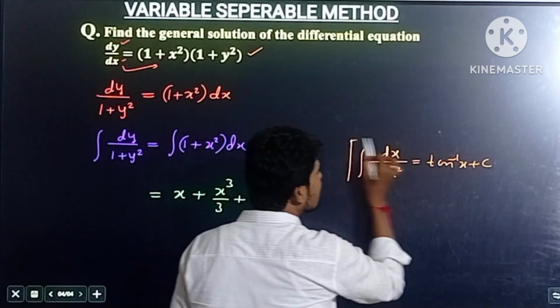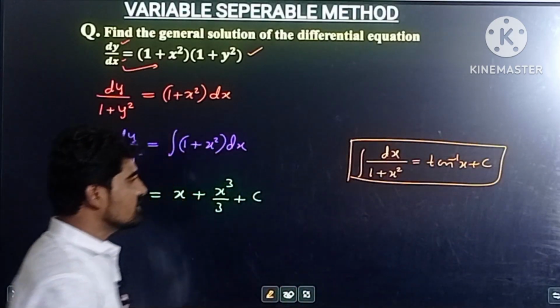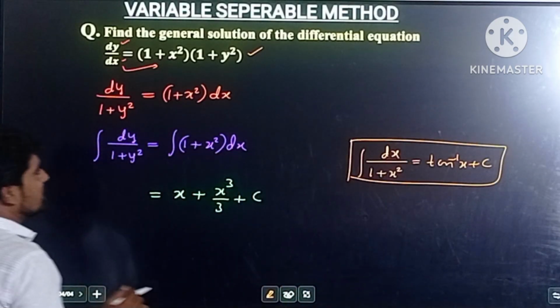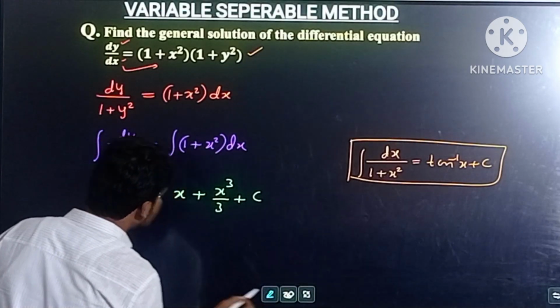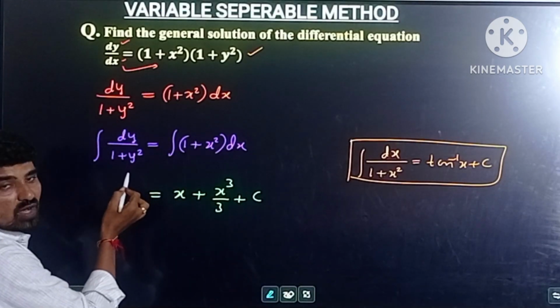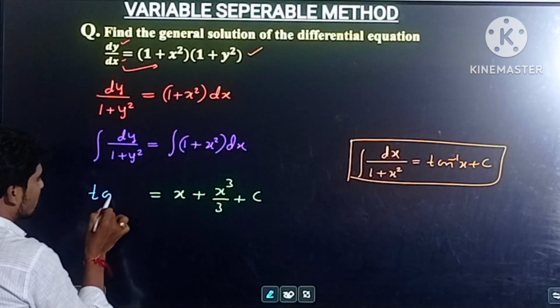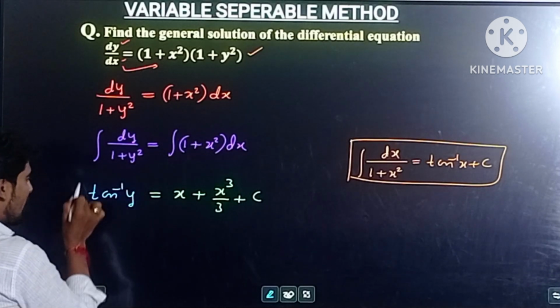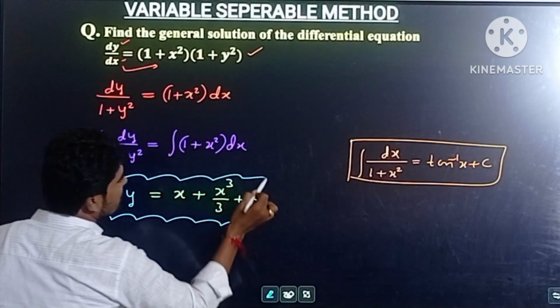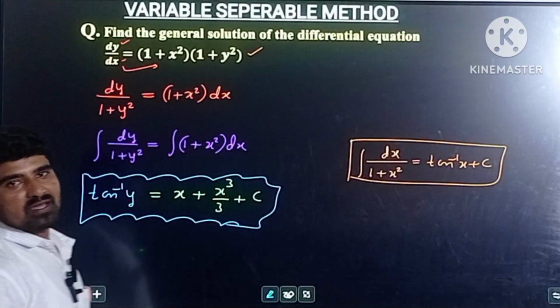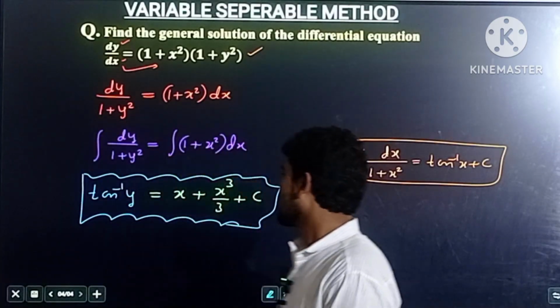So by using this formula, integration of dy divided by 1 plus y square is equal to, here the variable is y, so tan inverse y, and which is a required general solution of the given differential equation. I hope all of you understood.